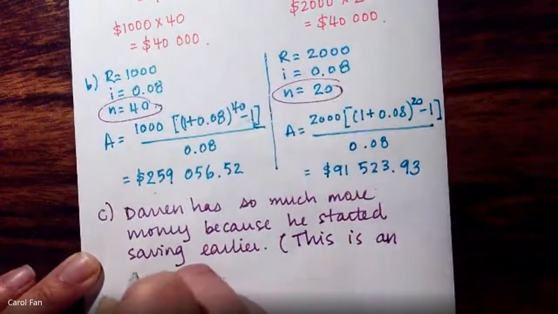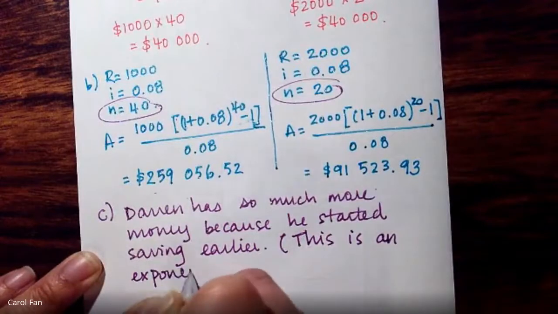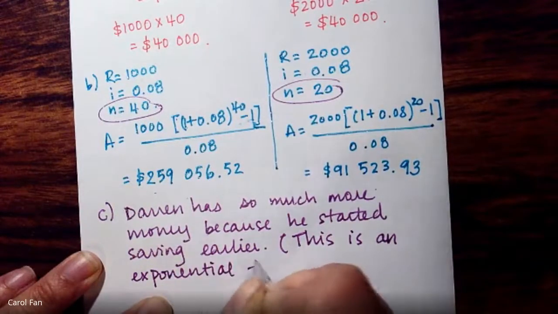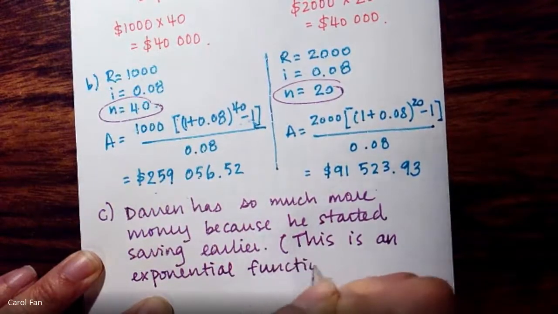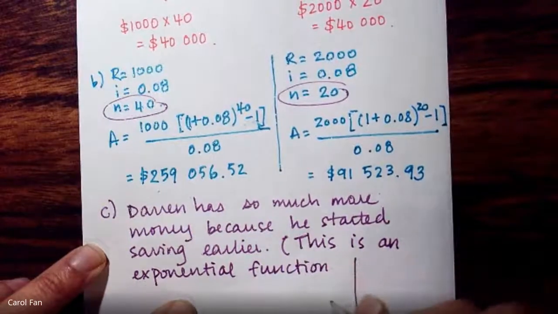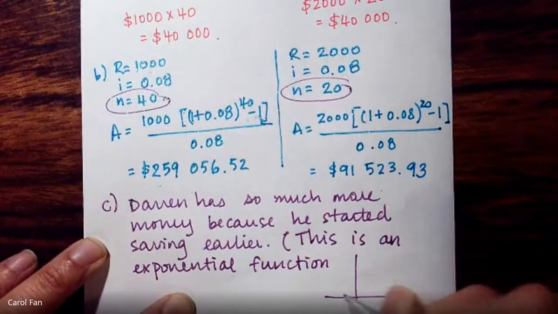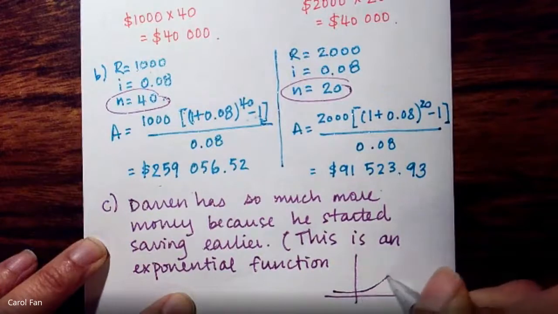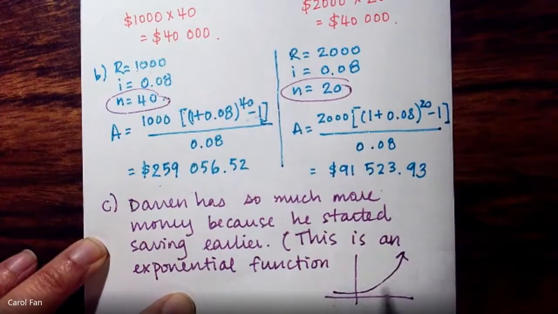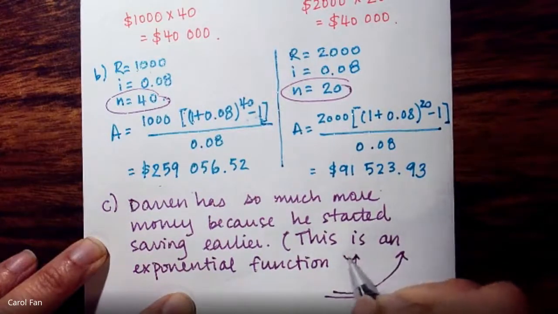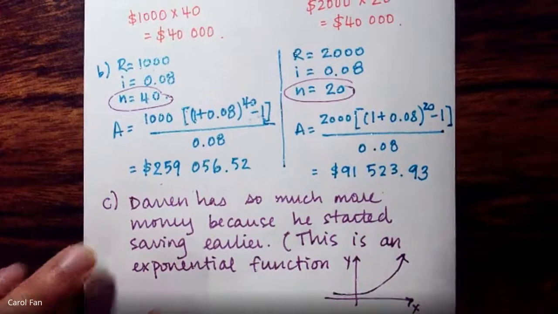And this is an exponential function. You remember that if we were to graph an exponential, it starts off slow, but once it gets big, it starts moving up very quickly.